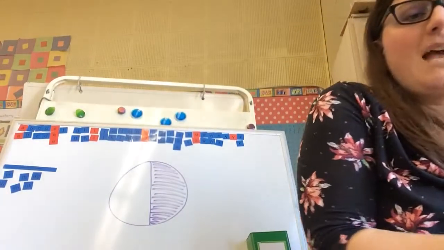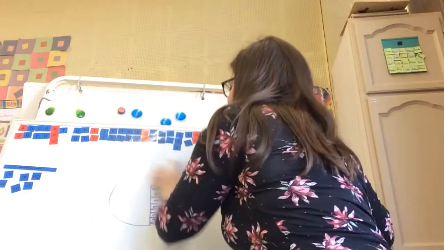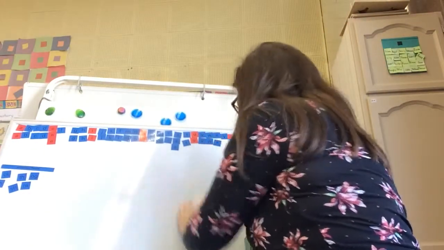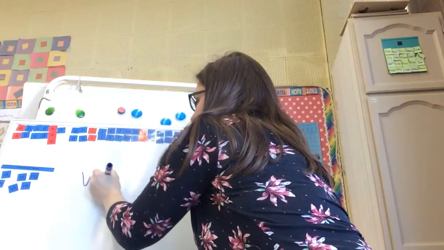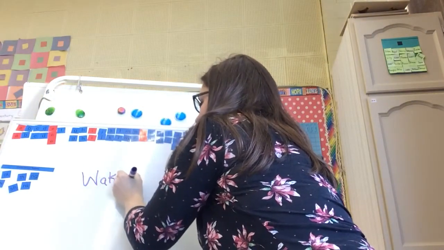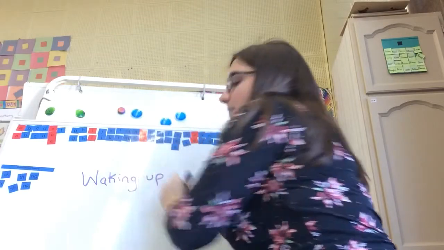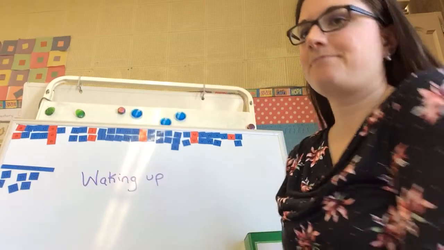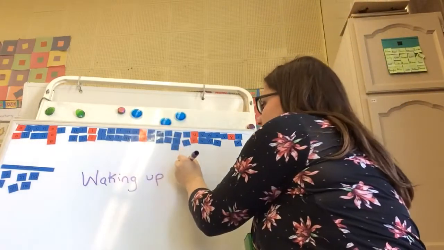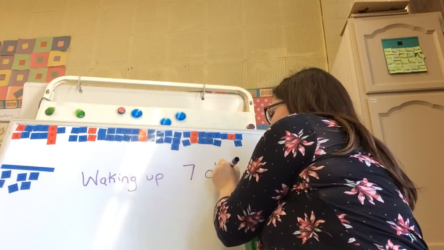Now, I'm going to put a schedule on the board, and I want your help to tell me the time. So it might be different for each of you, but let's think of what time do we wake up in the morning? What time do you wake up in the morning? Okay, maybe 7 o'clock.